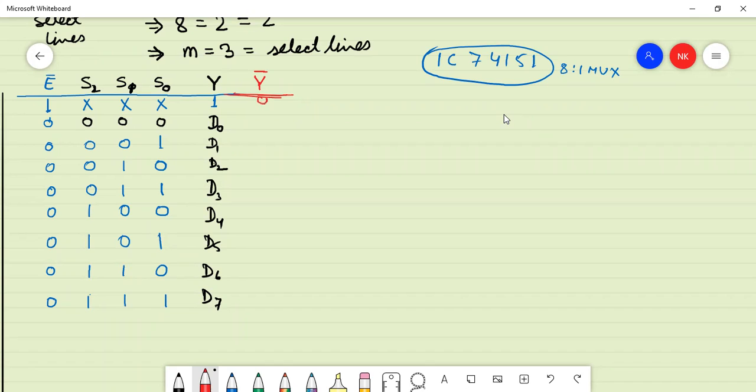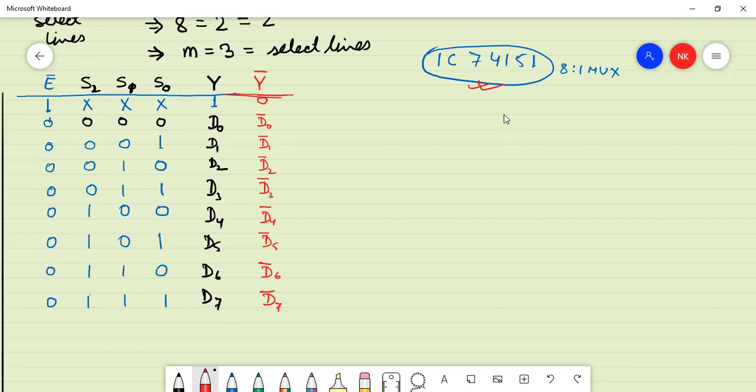Here it will be D0 bar, here D1 bar, D2 bar, D3 bar, D4 bar, D5 bar, D6 bar, and D7 bar. So in that IC, there are 2 pins for output, Y and Y bar. If Y is representing the uncomplemented part, then Y bar represents the complemented part.